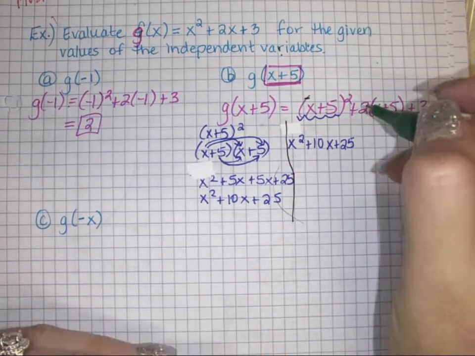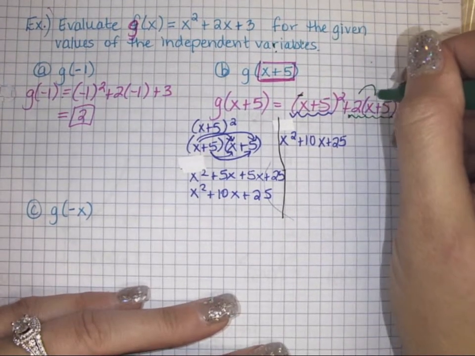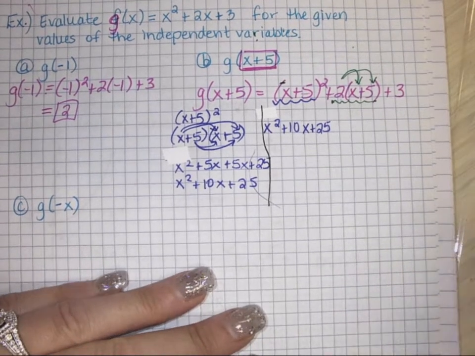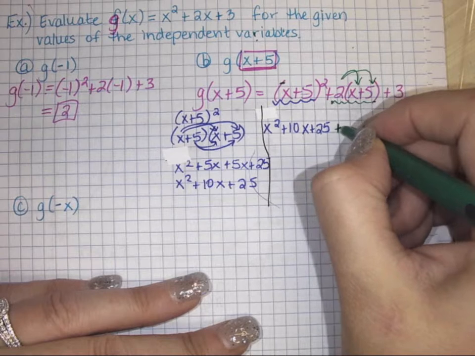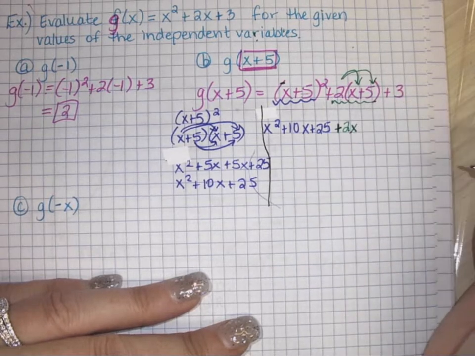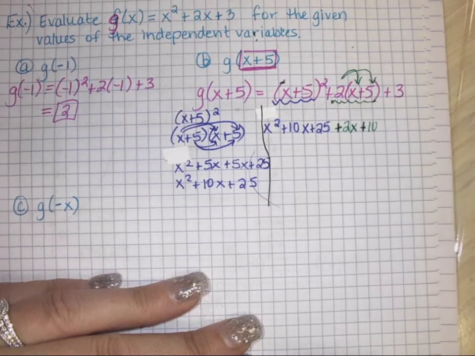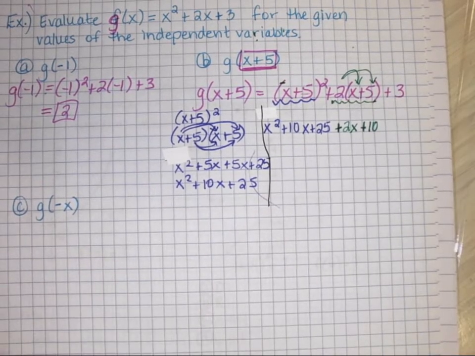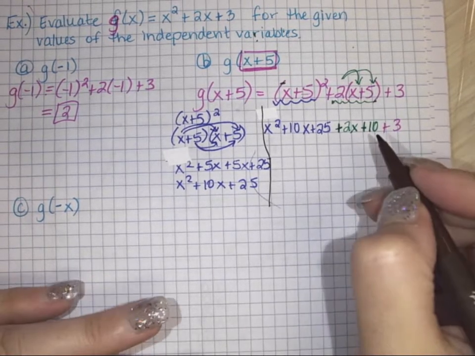Then we also have this part in the middle. You distribute positive 2 to both terms. So 2 times x gives me positive 2x. Positive 2 times positive 5 is positive 10. And don't forget your plus 3 to bring down. Go through and combine all like terms that you can.